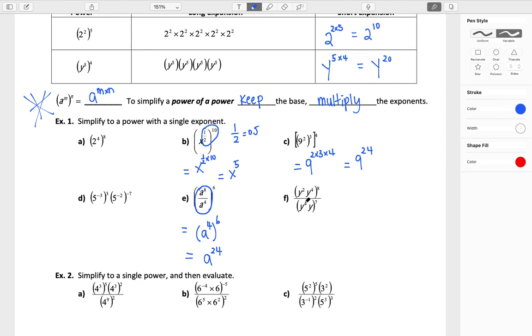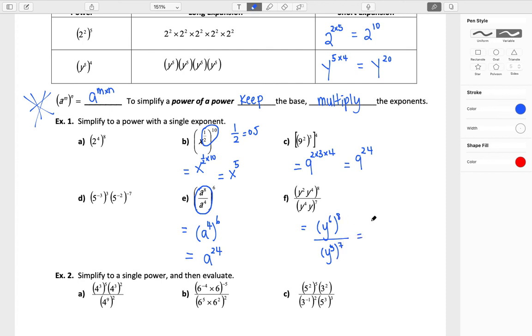Same thing here for letter F. I'm going to do the inside of the brackets first. So collect the like terms by multiplying, so I'm going to add the exponents. Y to the 6 over y to the 5, 7, and 8.